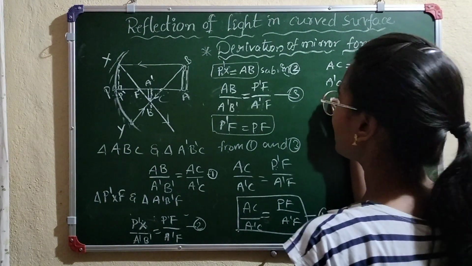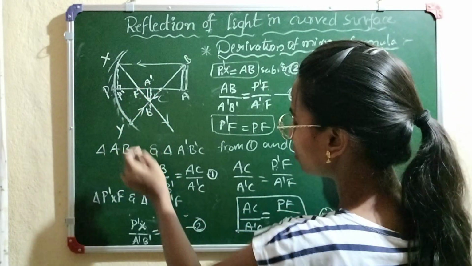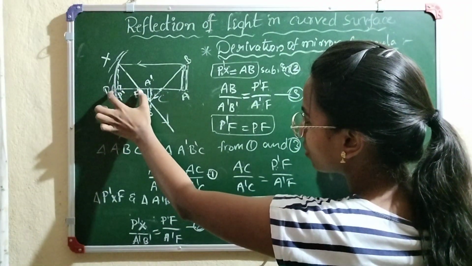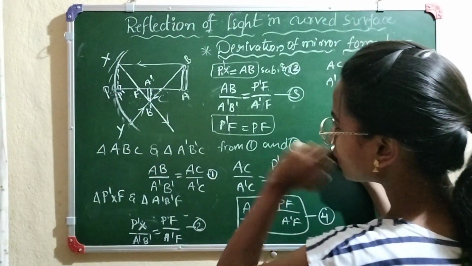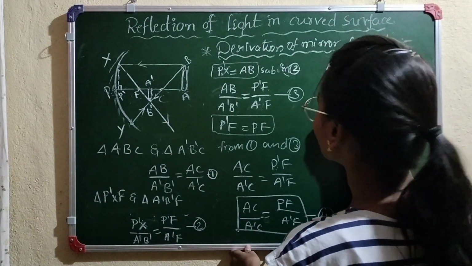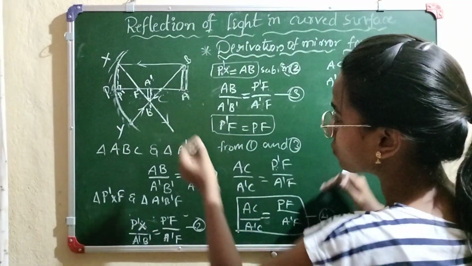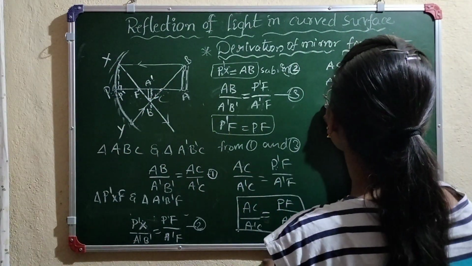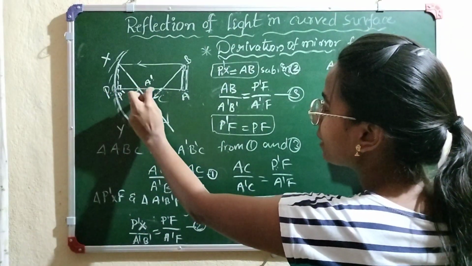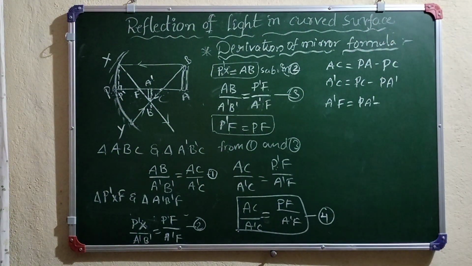In the same manner, next one is PF. PC is completed, PA dash is completed, A dash C is completed. Now, A dash F, this side line, is equal to PA dash minus PF.